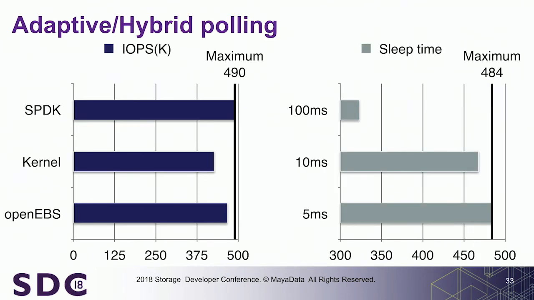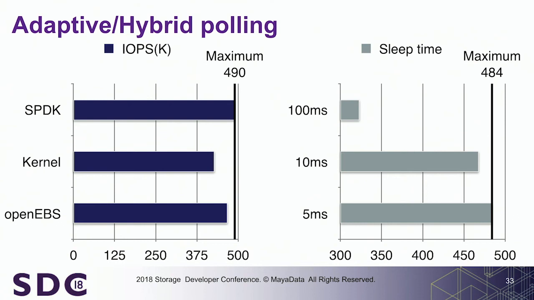So we looked into adaptive and hybrid polling. Adaptive polling is what it's called in the QEMU space. Hybrid polling is what the kernel actually calls it. And we started to play with this adaptive polling. So if there is a lot of work to do, we do a lot of work. If there's not so much work to do, we sleep a little bit, let's say.